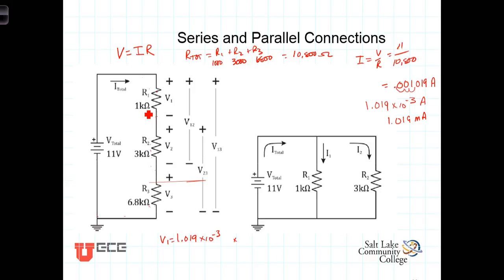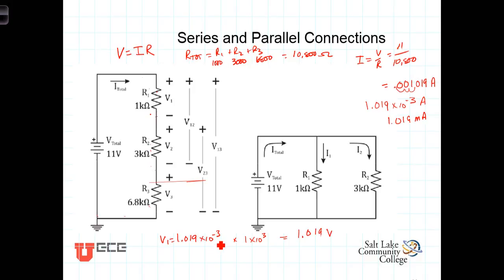A kilometer is 1,000 meters, or 1 times 10 to the third meters. So this is times 1 times 10 to the third ohms. Now you'll notice that the 10 to the plus third times 10 to the minus third, the exponents add to give a 0, so that would be 10 to the 0th is 1, and we have then 1.019 volts.